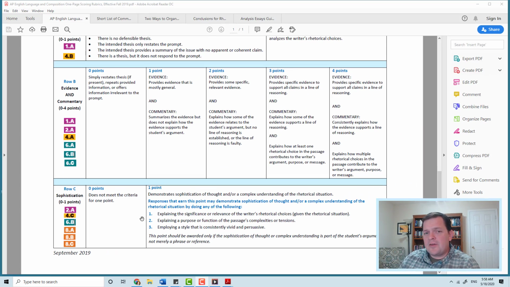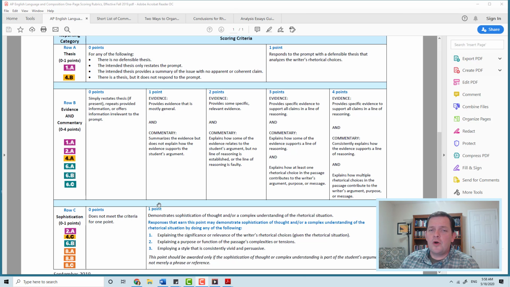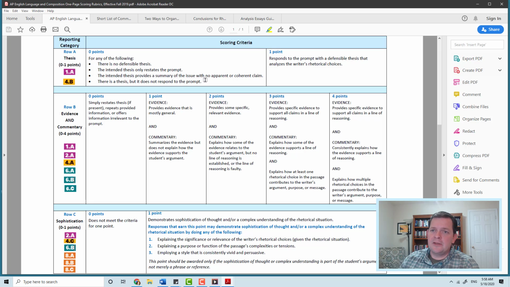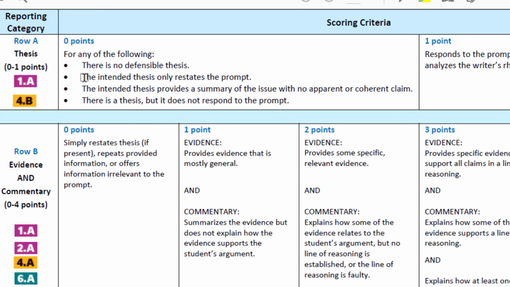These rows are fairly simple to understand. I just want to point out a few things that I really want you to remember as you get into this. First, if you simply restate the prompt, you're not going to get the point for the thesis on the rubric.